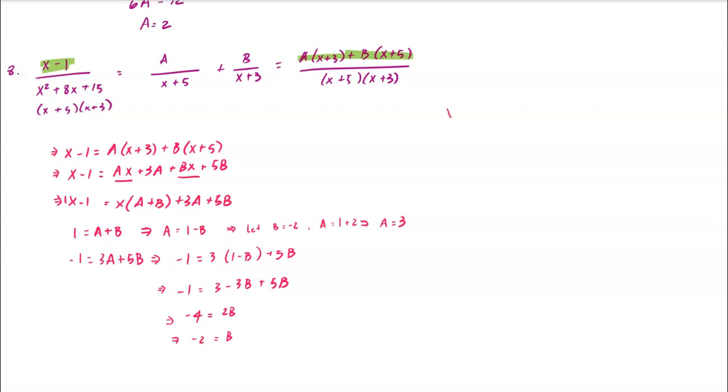Okay, so let's gather it up. x minus 1 over x squared plus 8x plus 15 equals 3 over x plus 5 minus 2 over x plus 3. And then we can check: 3 times x plus 3 minus 2 times x plus 5, 3x plus 9 minus 2x minus 10. That's going to give me x, and that's going to give me a minus 1. Voila.